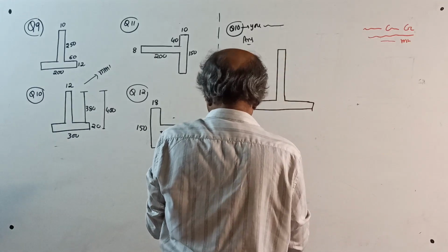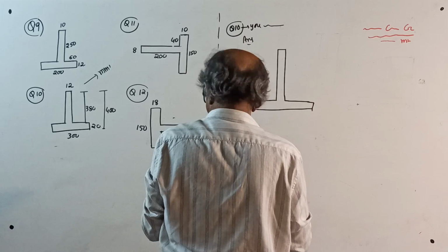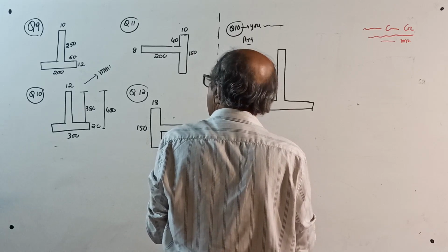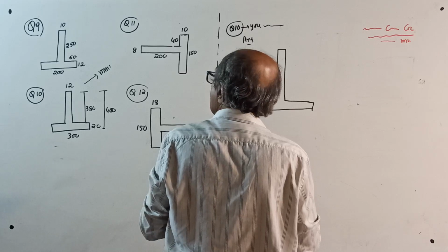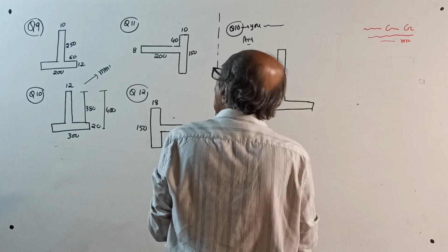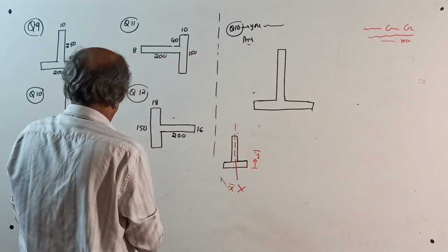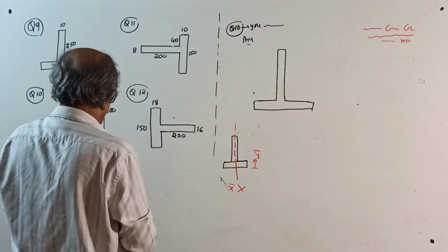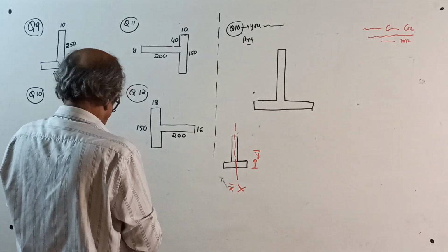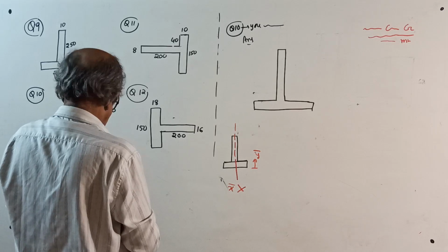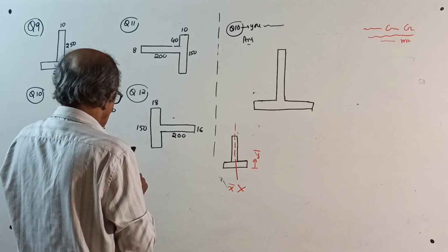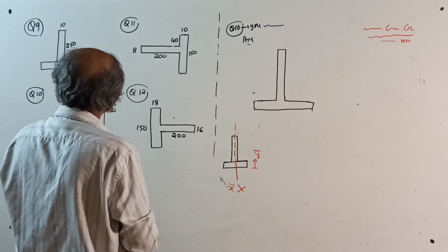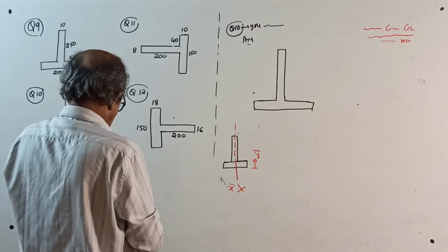From the top: 10 into 380 square divided by 2 plus 300 into 20 into 390, divided by bracket 12 into 380 plus 300 into 20. No, it became 3000. One minute. 300 into 20 plus 380 into 12.